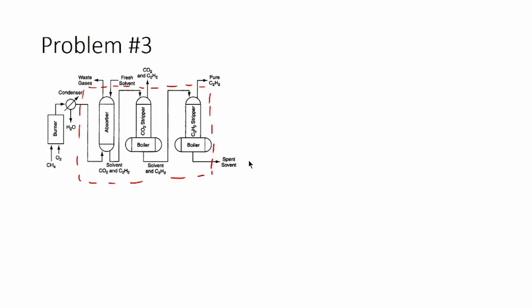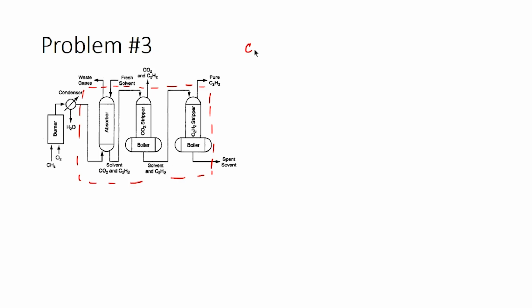We just need to identify acetylene. Based on the information given, the gas stream entering the absorber contains 8.5% acetylene. So, for a basis of 100 moles of gas, we have 8.5 moles of acetylene entering the system chosen.